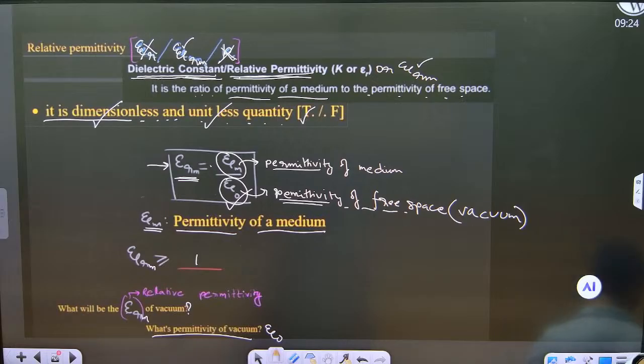If you have any doubts, please raise hands. You can ask me. What will be epsilon rm of vacuum?